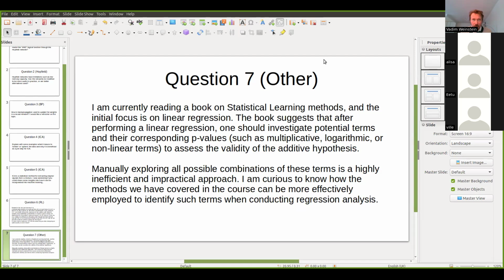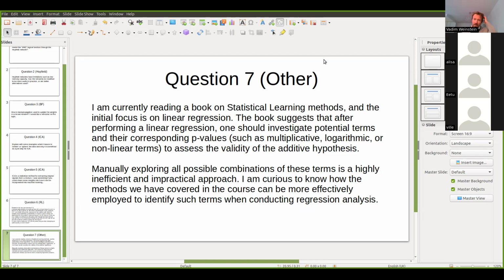But the quick answer is that, in our course, we didn't really do things like this. I understand the question is: if you have data which is not linear, but you apply linear regression, what if that was a bad idea? You check if adding two values from the data behaves linearly.